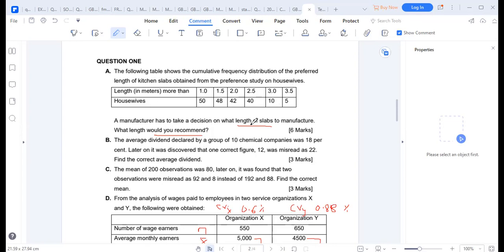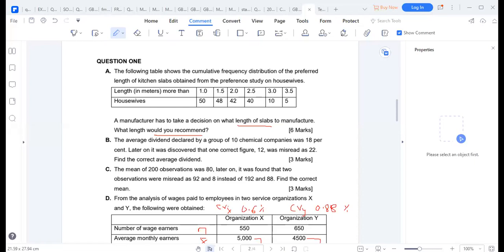So to make a decision on the best length of slabs, before you go to computation, firstly accept that you're looking at the mode, because the mode stands for the most frequent. So obviously for you to make a decision as a company, you need to pick on what people like the most, isn't it?